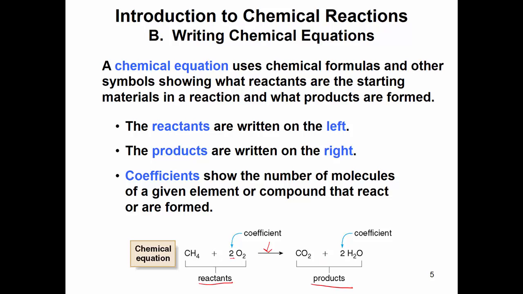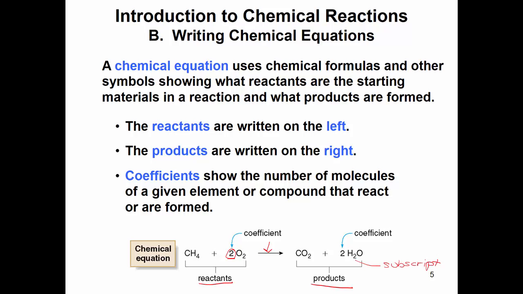The numbers out front are called coefficients, and this is the number of molecules of that element or compound that react or that are being formed. These are going to be of importance to us. I want to tell you that numbers like the 2 in H2O are subscripts.